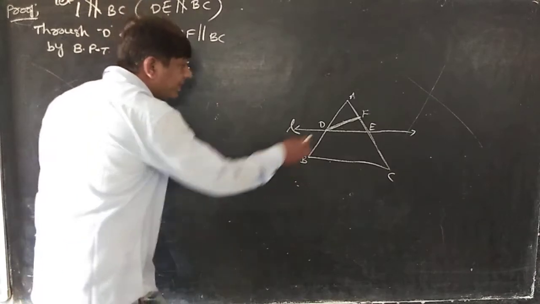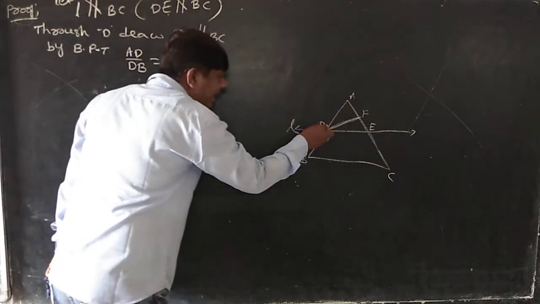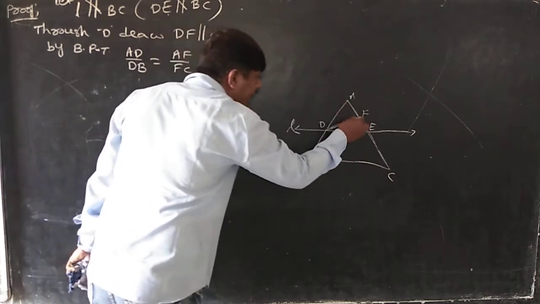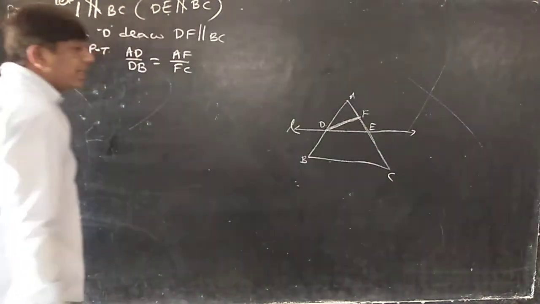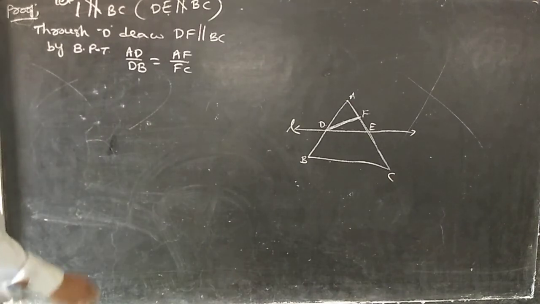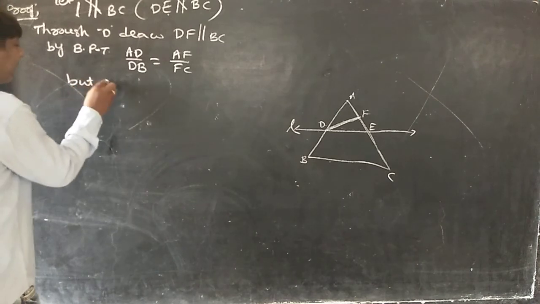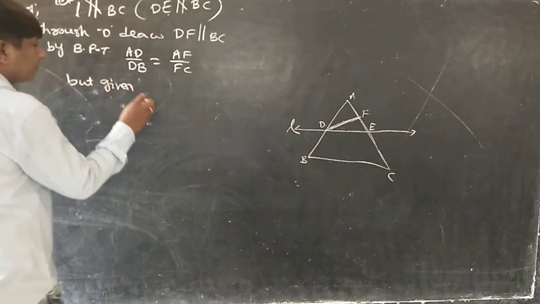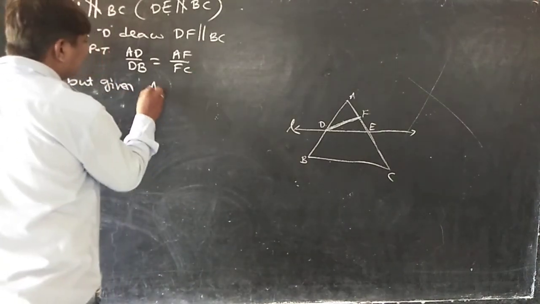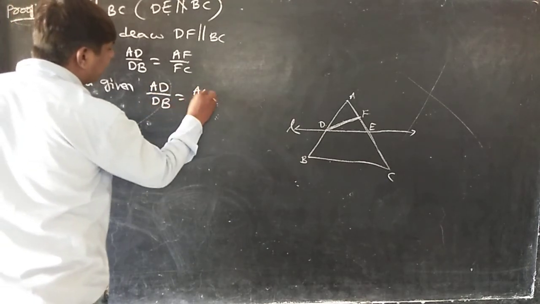By basic proportionality theorem, AD by DB is equal to AF by FC. But already it is given AD by DB is equal to AE by EC.